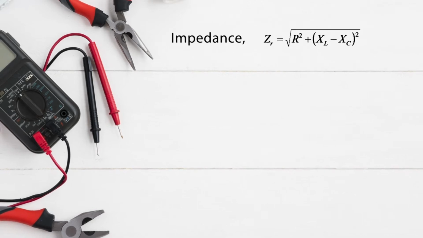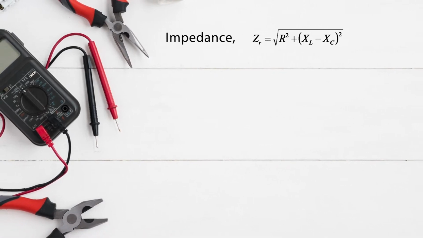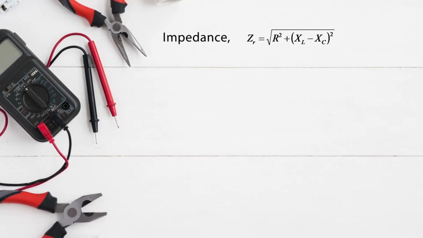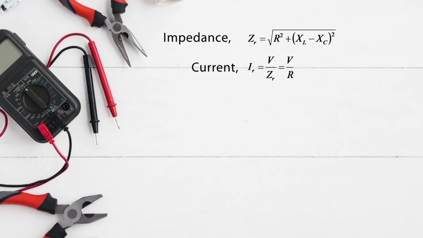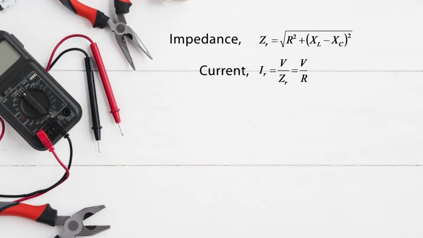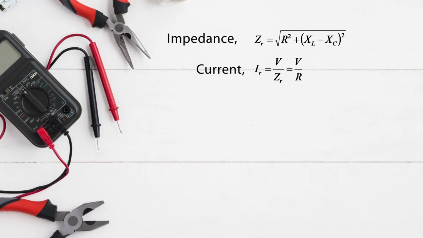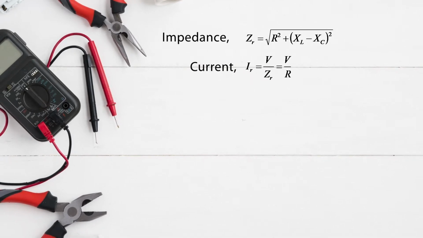There will be only a pure resistive circuit, so you can say the impedance of the circuit is equal to the resistance of the circuit. So what will be the current when there is a series resonance? As you know, current can be written as voltage divided by impedance, and the impedance at the time of series resonance is the resistance. So at the time of series resonance, current I is equal to V upon R.